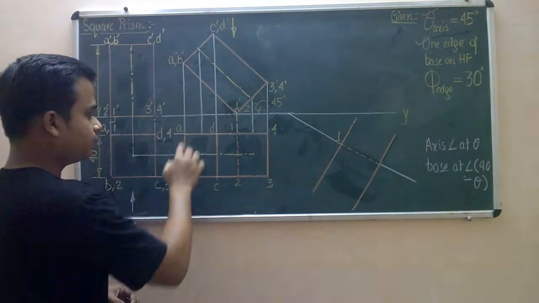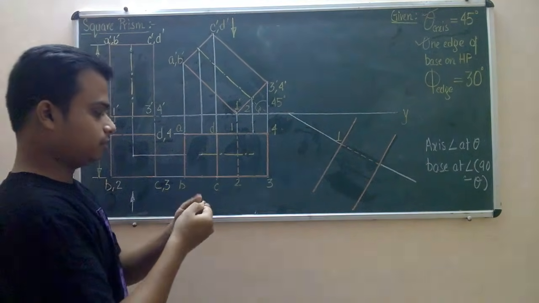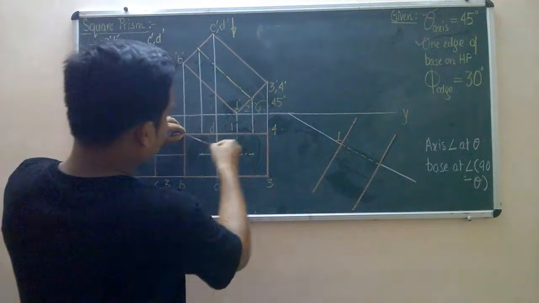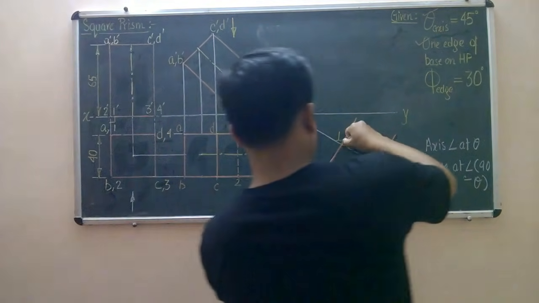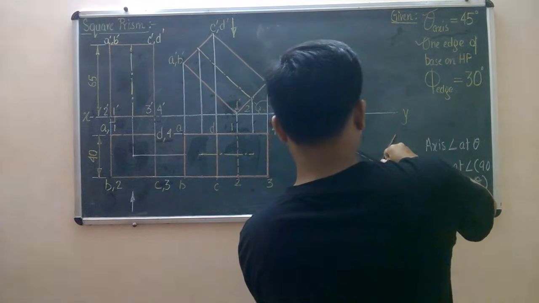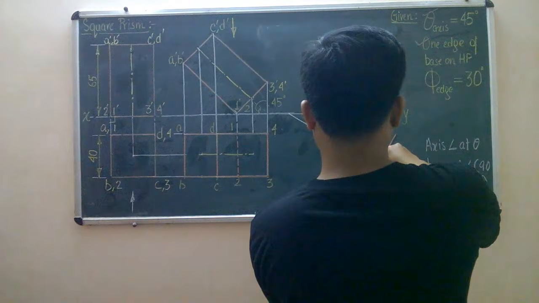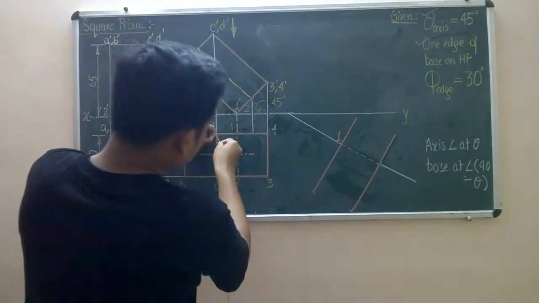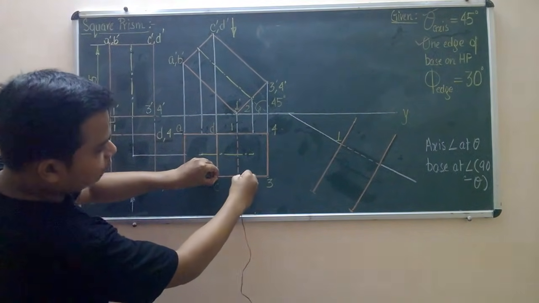Now let us locate points A and B from 1. Take the distance of A from 1. The same distance will be for B from 2, right? And as far as point D is concerned, the distance of point D from 1 will be the same as point C from 2.